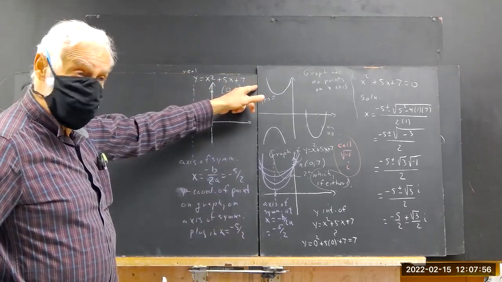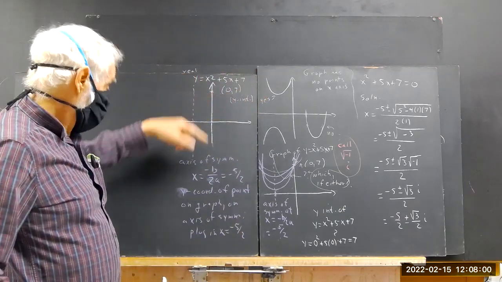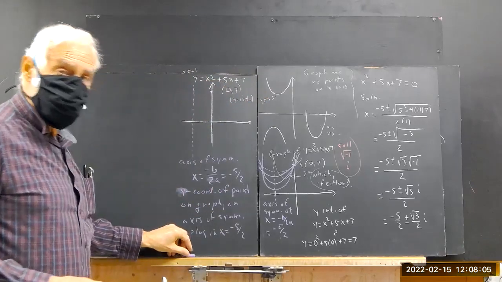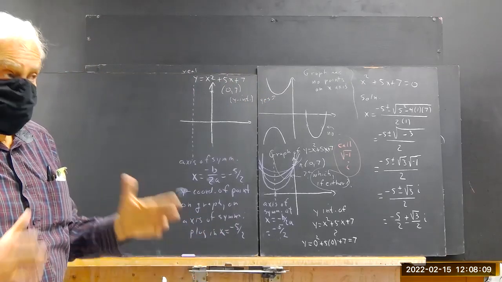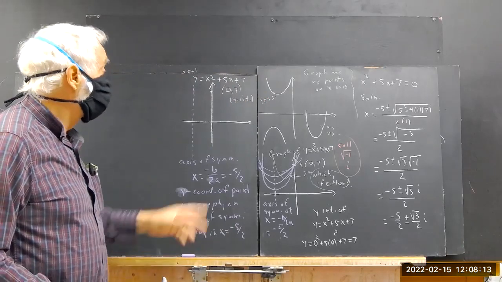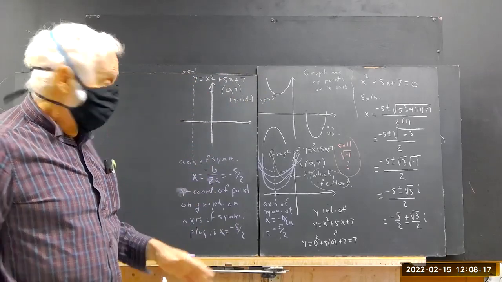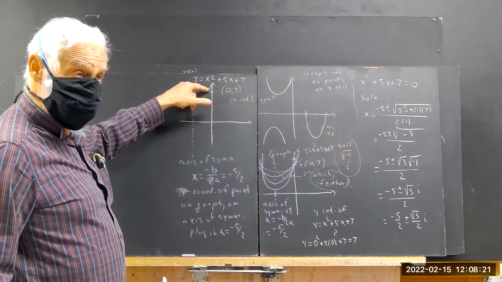I'm going to plug it in here, and I'm going to get a y coordinate, right? So we want to plug in negative 5 halves for x up here and evaluate it. Okay, you want to understand why we're doing that. We're trying to represent the graph of this function. So we find the point on the graph when x equals 0, that's our y-intercept.